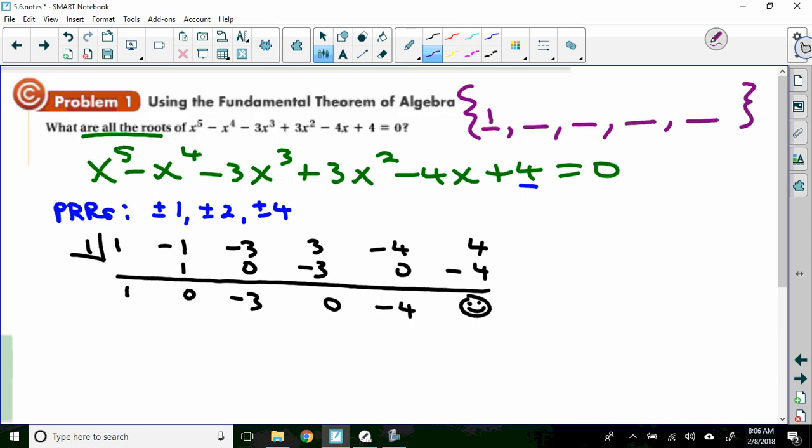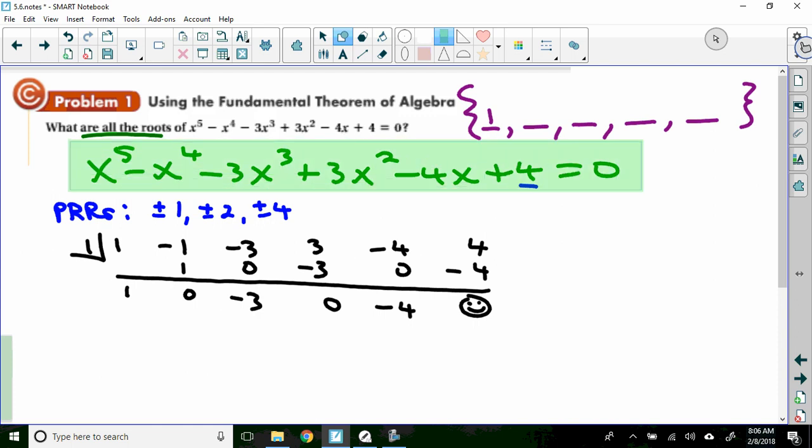Cool. All right. So, you don't have to do this, but I think it's the best idea ever that they don't tell you. What I'm going to do now is I'm going to rewrite this polynomial in factored form. It's a good idea just to keep track of everything. So in factored form, because 1 was one of my roots, I hope somebody remembers what one of the factors is going to be.